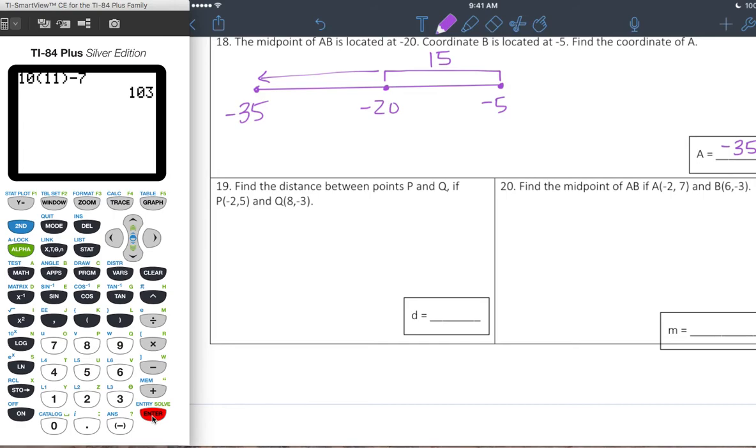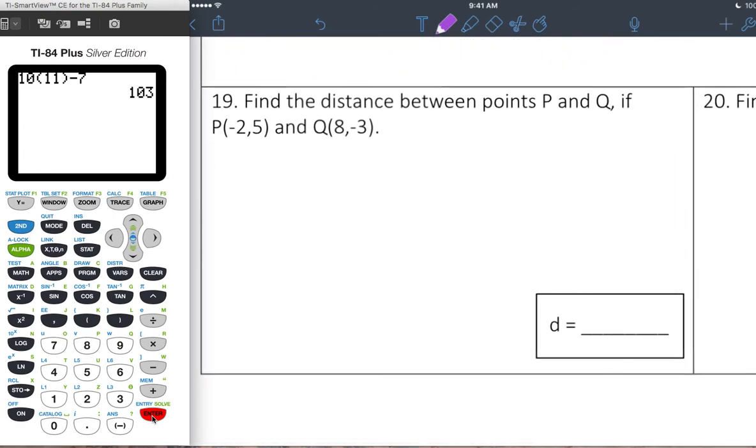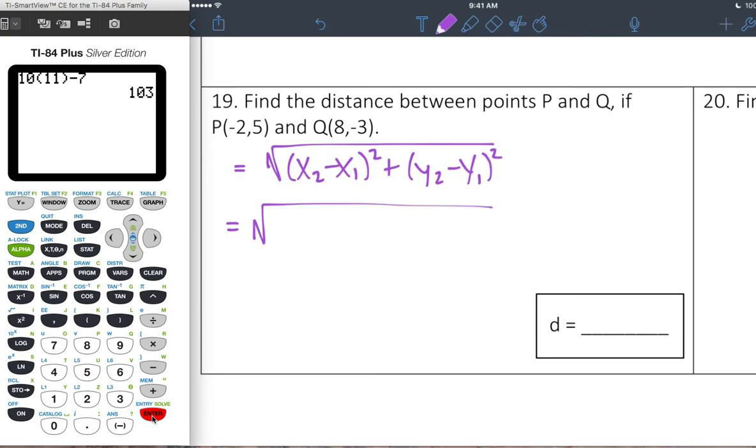All right, number 19, we're just using our distance formula. So our distance formula, x2 minus x1 squared plus y2 minus y1 squared. So we're going to have 8 minus -2 squared plus -3 minus 5 squared.